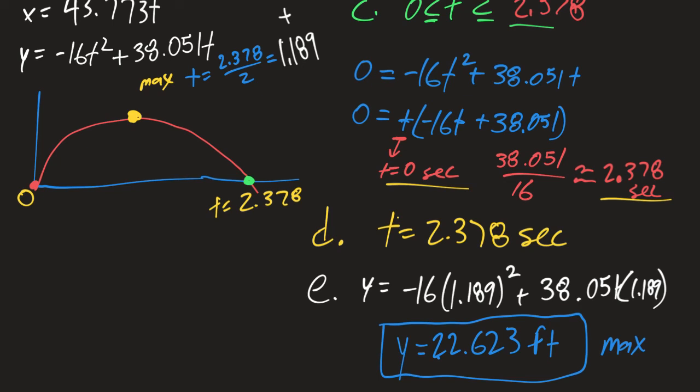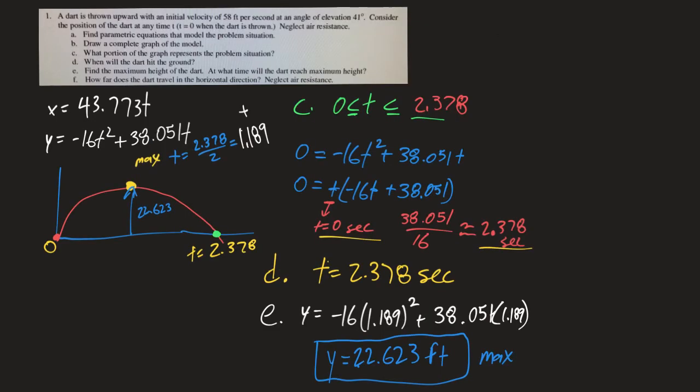Okay, so that is my maximum height. Okay, so my height right here is 22.623 feet. And finally, the last question that we've got here is going to be F, which says, hey, can you find the distance that you travel? Okay, well, the distance that we're traveling is just going to be the point where we hit the ground. So this time, horizontal distance, so we're going to solve for x, right?